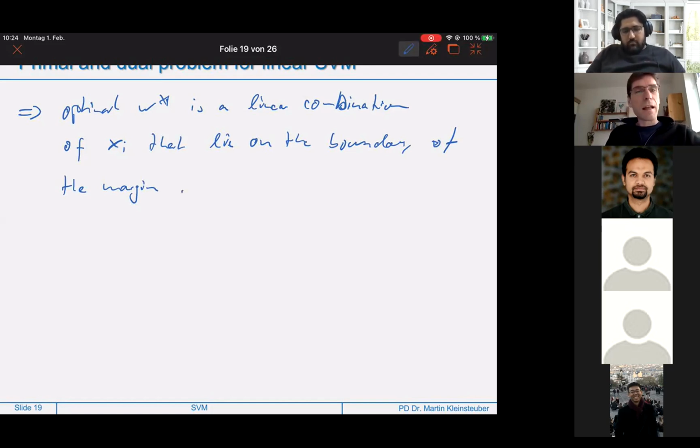Full stop. And the others do not play a role. That's the interesting thing about this finding, right? All other xi are irrelevant for the optimal solution.